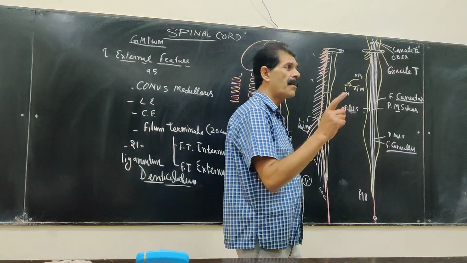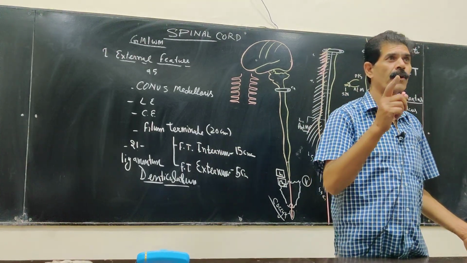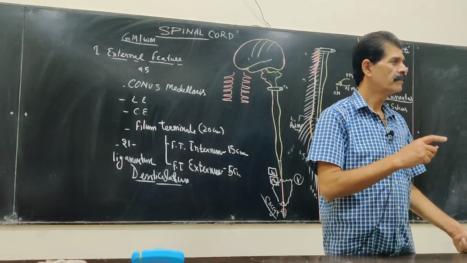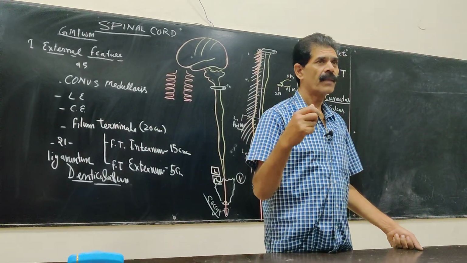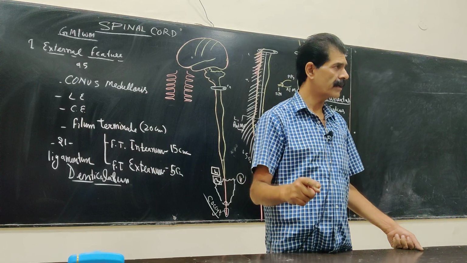That's why they are called ligaments. And what is the function of a ligament? Everywhere, in every joint, to protect the joint. There is no joint here, but still the spinal cord is protected. First, it is anchored below by the filum terminale.